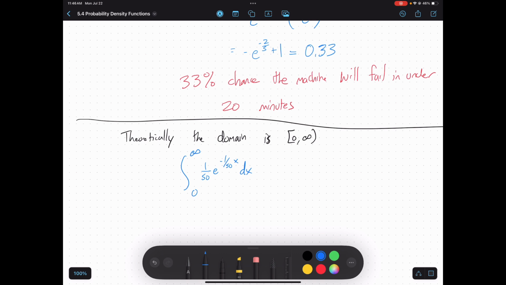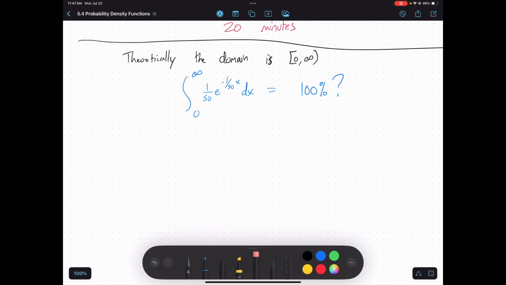Well, what's the probability that this machine lasts anywhere from 0 to infinity minutes? What I've done is I've looked at all of my possible values. The interval that I'm giving you is all of the possible values. So what's the probability? Well, it should be 100%, right? There's a 100% chance that the machine will last some positive amount of minutes.